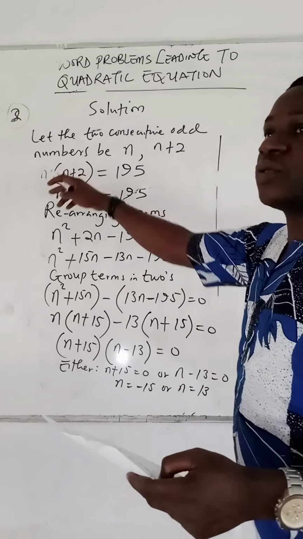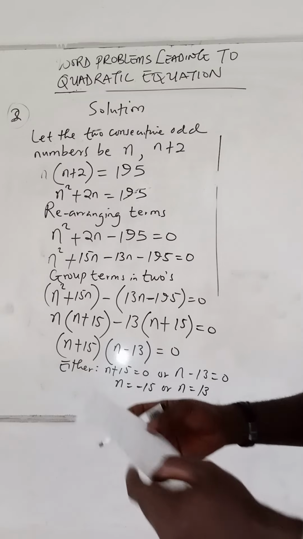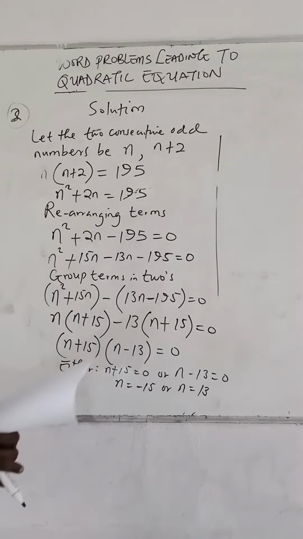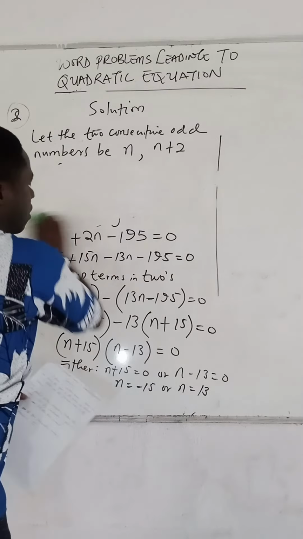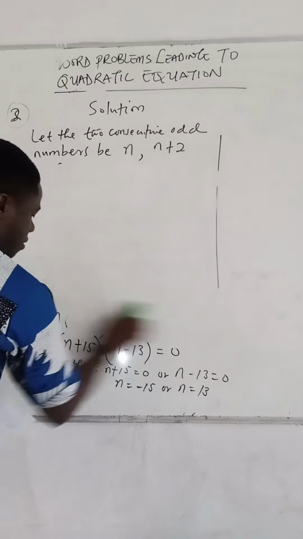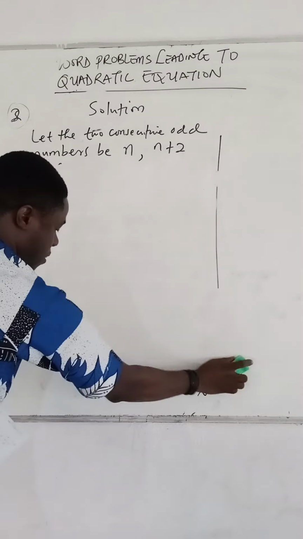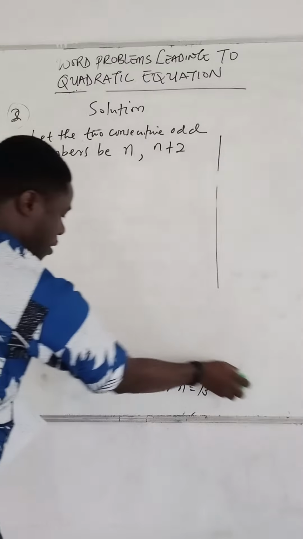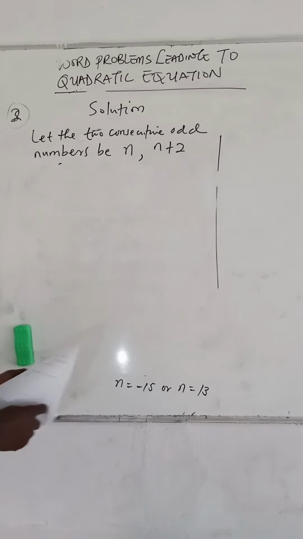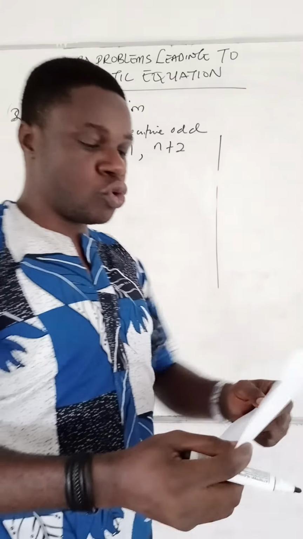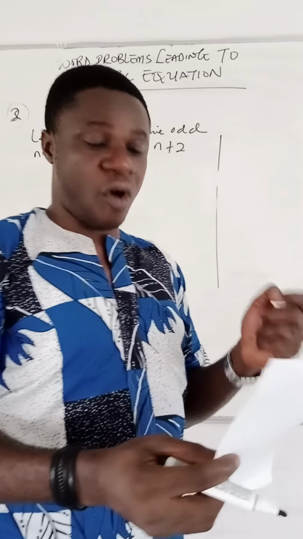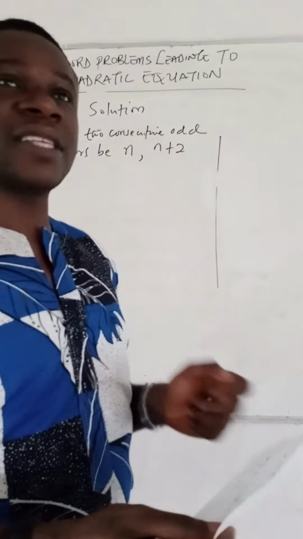Now, for you to get the two consecutive odd numbers, you need to substitute into these. Now the question is about the product of two consecutive positive odd numbers.